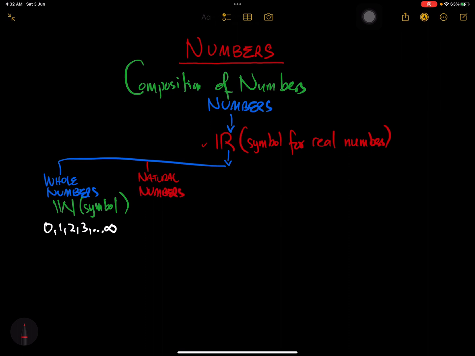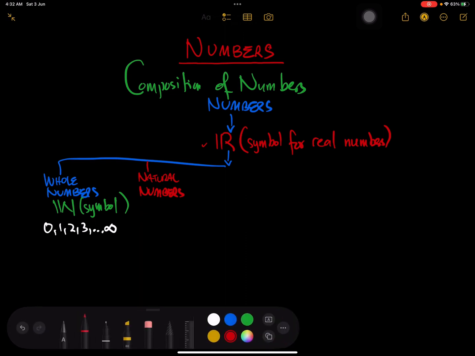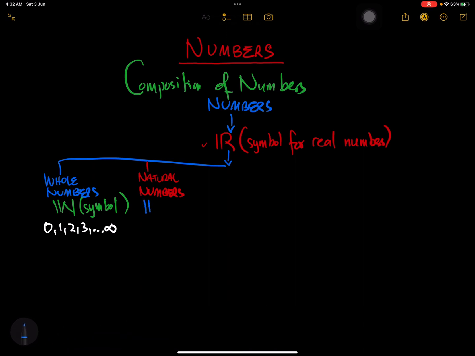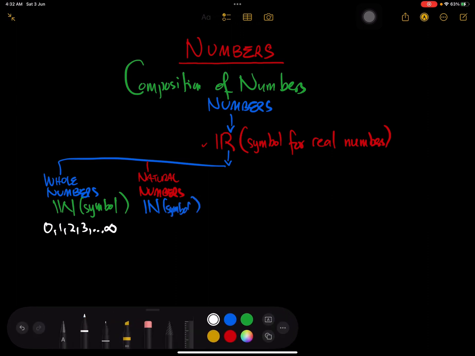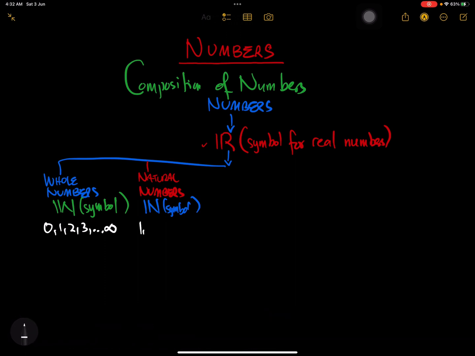The symbol for natural numbers is like this. And what are natural numbers? They always begin from one: 1, 2, 3, up to infinity. The next group of numbers is what we call counting numbers.